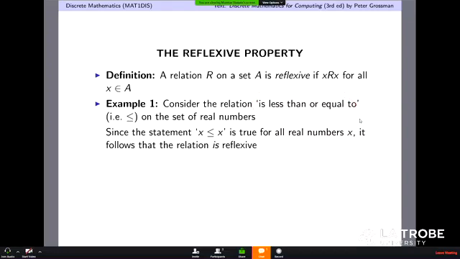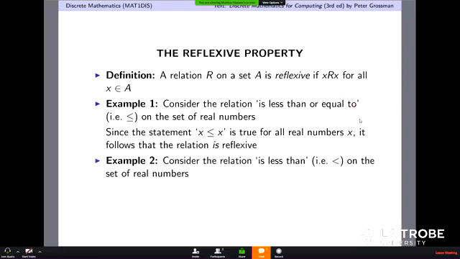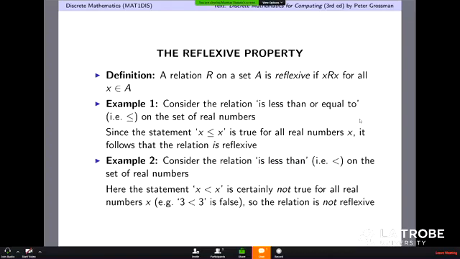Now look at a relation which is not reflexive. Is less than, for example. Any number is not less than itself, so it is not true for every number that you choose. So hence what you got is not a reflexive property.